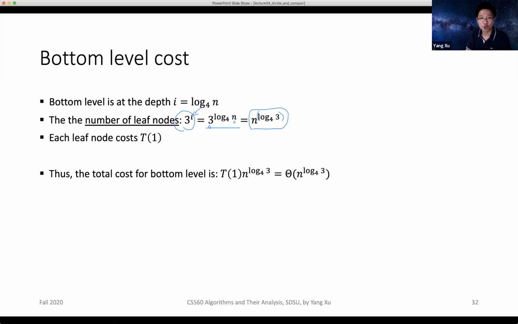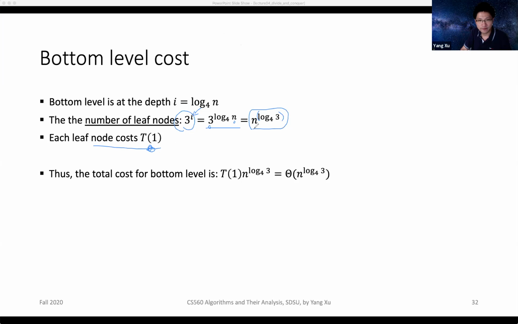A few slides ago, when we introduced the question, we didn't explicitly say that the cost for the leaf node, that is the cost for the smallest case, is constant, but that is usually the case, and we typically say it at the beginning of the question. So now we assume that the cost for the smallest case is constant.